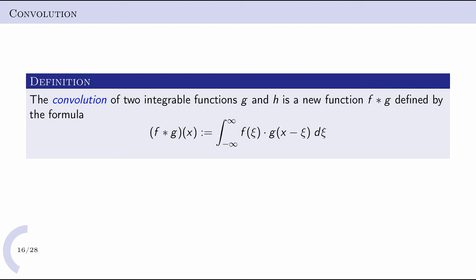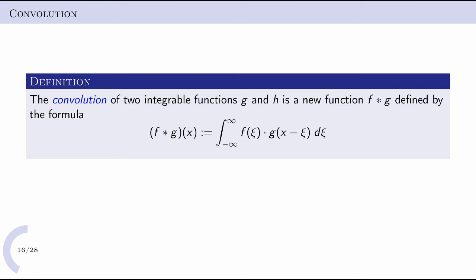If we have functions f and g, then we define their convolution f star g to be again a function defined by the formula: the integral of f of xi times g of x minus xi. Here the local variable is xi, so we have f of xi and g of x minus xi.